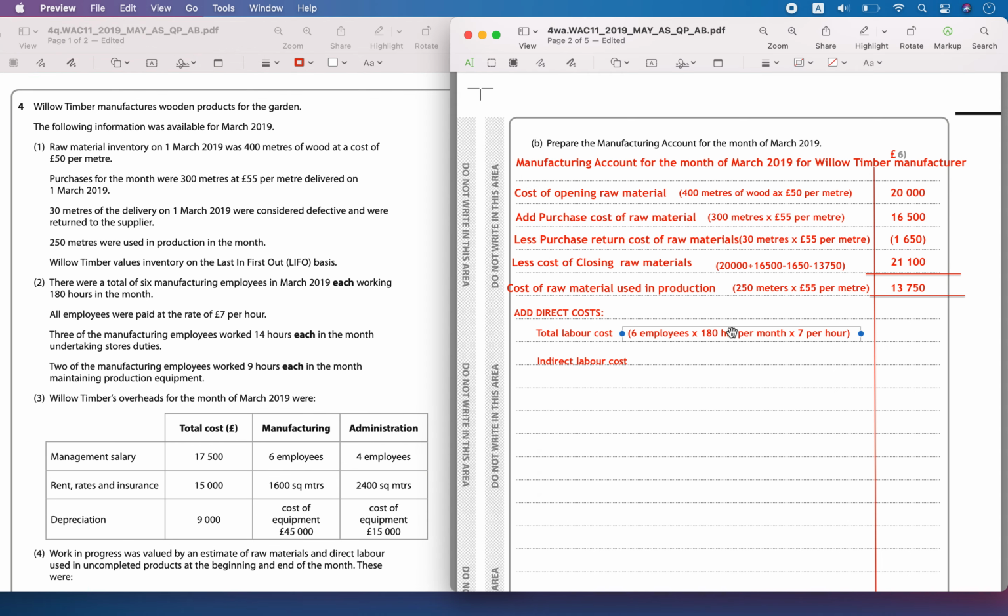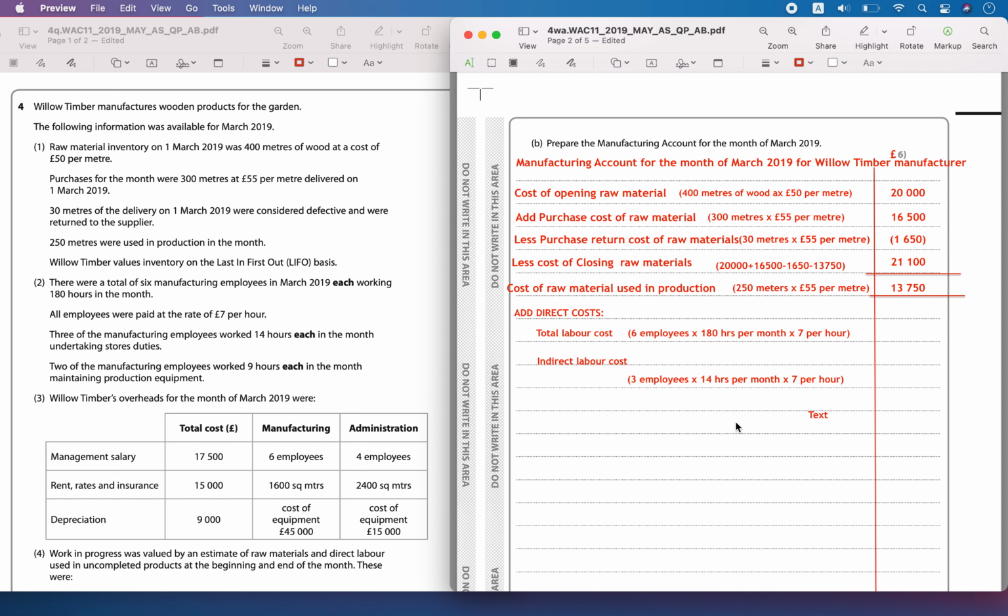Here we can see that there are 3 employees. They are working for 14 hours per month and they are also paid at the rate of £7 per hour.